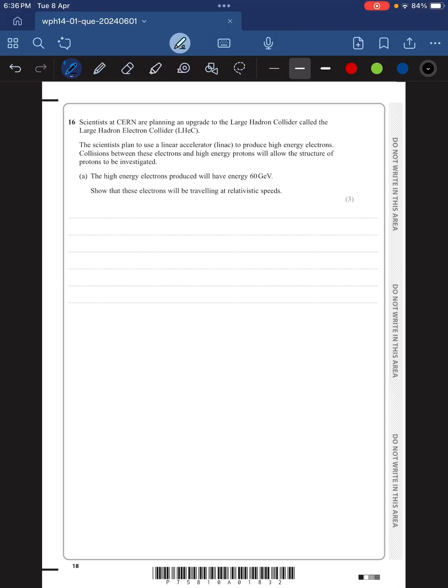One way to do this is to use the classical kinetic energy and show that the electrons will have an impossibly large speed. So let's go see what I mean. So let's set 1/2 mv squared equal to 60 GeV.